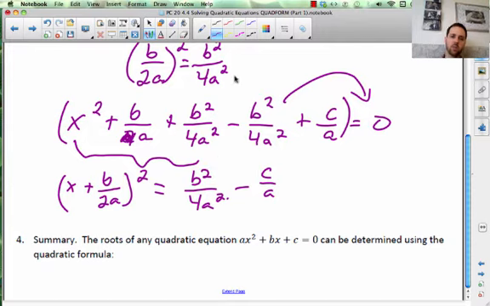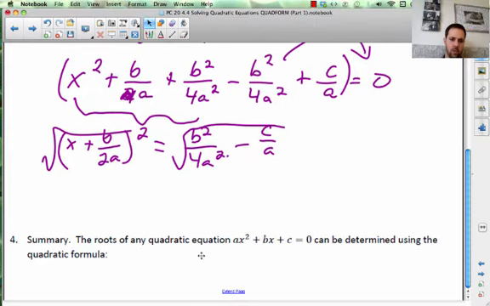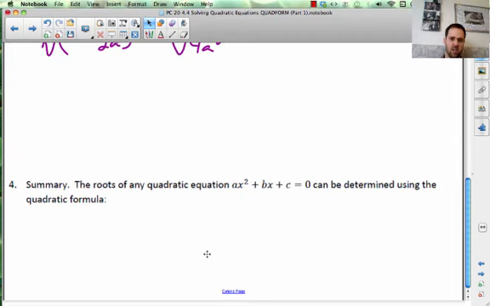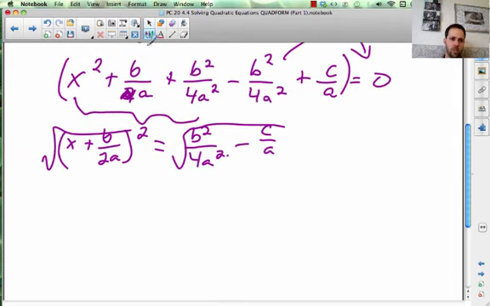Now we're going to take the square root of both sides. So we go root, and we go root to this whole thing. And I'm going to need to bump this thing down and give myself more space. Let's see if we end up with the right stuff here.